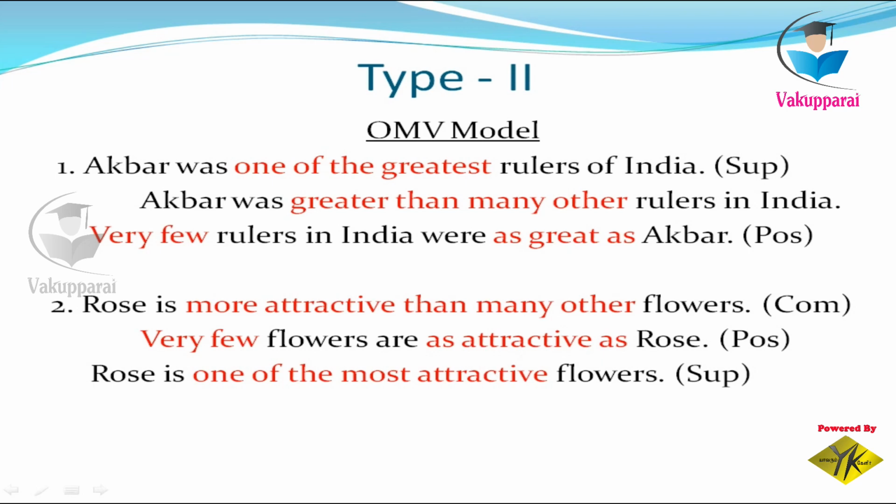Okay, so you simply keep it in mind. If the sentence given has "one of the", and you are asked to change to comparative degree, you have to directly add "many other" in comparative and "very few" in positive degree. So that is why I call it the OMV model.